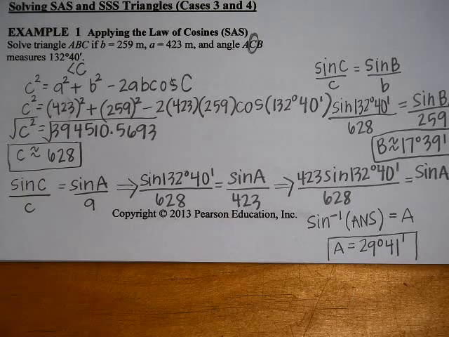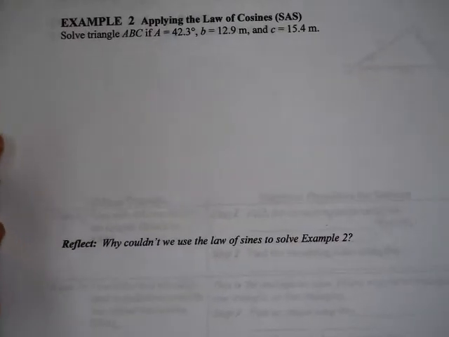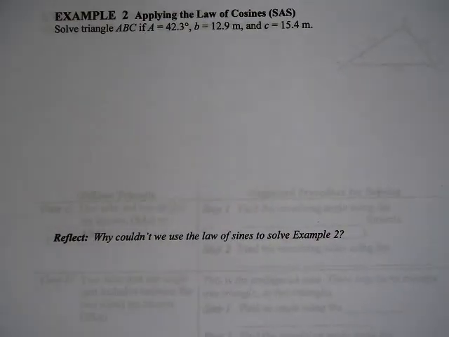Alright, so what questions do we have on example 1? Alright, let's look at example 2. On example 2, they give me big A, they give me little b, and they give me little c.